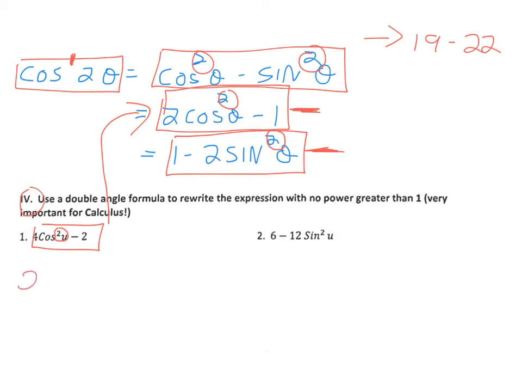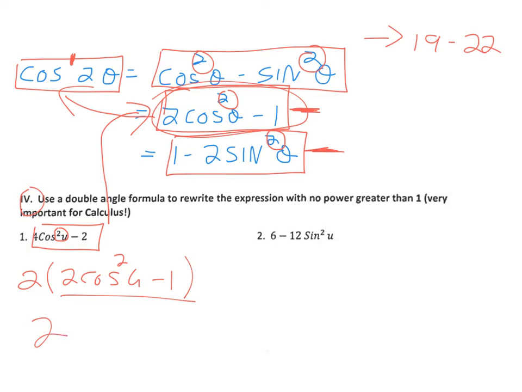We could pull out a 2, and then on the inside, we get 2 cosine squared of u minus 1. And this right there is the formula for cosine of 2 theta. So then I can replace this with cosine of 2.